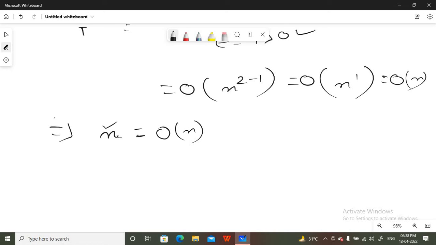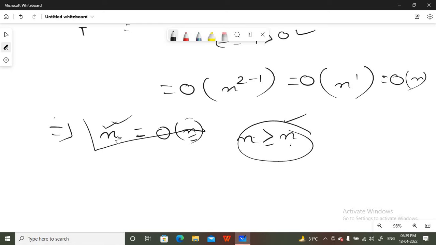This one should be greater than or equal to this one. So n is greater than or equal to n. This condition is satisfied because this one is the fastest-growing compared to this n. So you can say that this condition is satisfying.